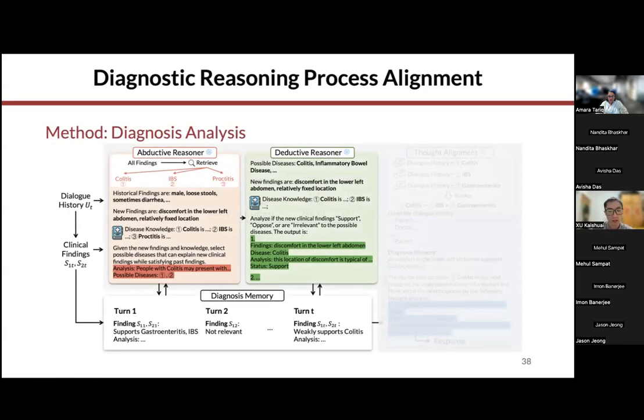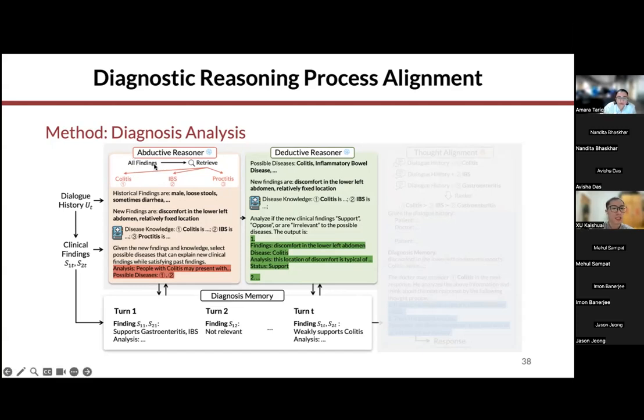We adopt some commonly recognized doctor rules and behaviors to construct our framework. The first is diagnosis analysis, similar to previous work. Here we use abductive reasoning and deductive reasoning as the two components, two operations in the diagnosis analysis.